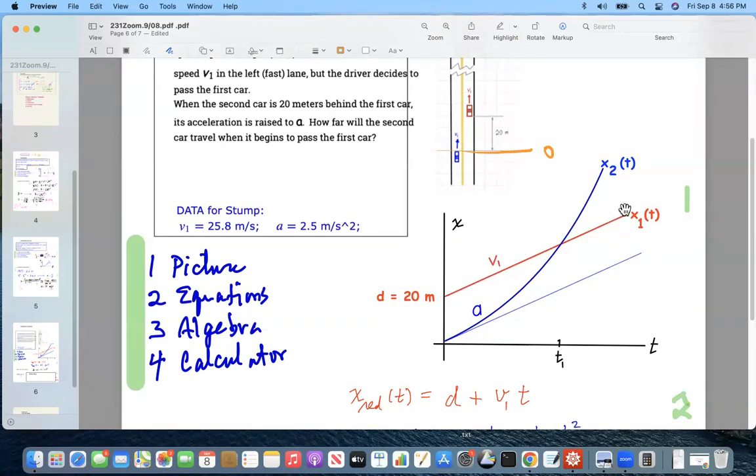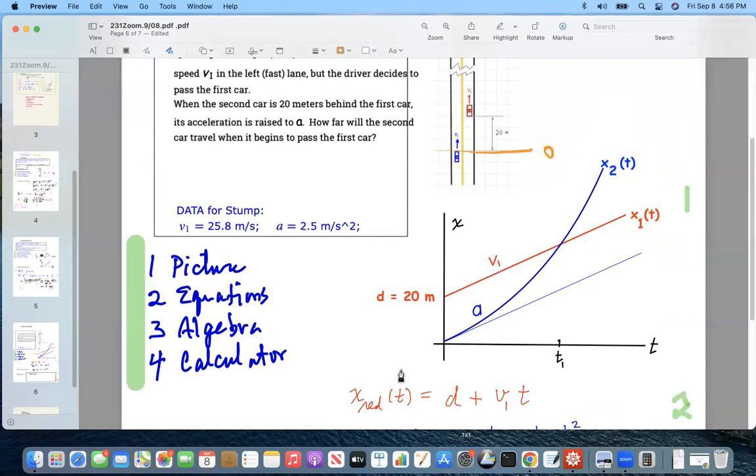I'm going to write v1 here as the slope. And this graph is x1 as a function of time. It's a straight line because the slope is constant. Slope of position as a function of time is the rate of change of position with respect to time. That's velocity.